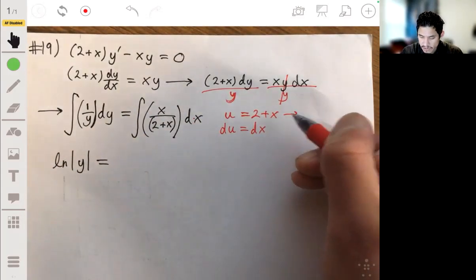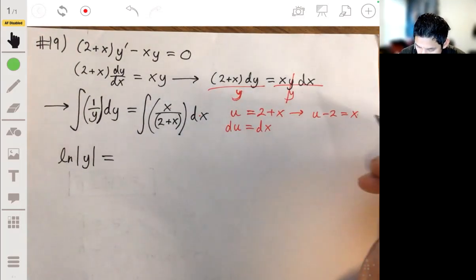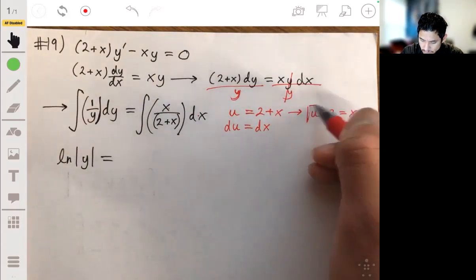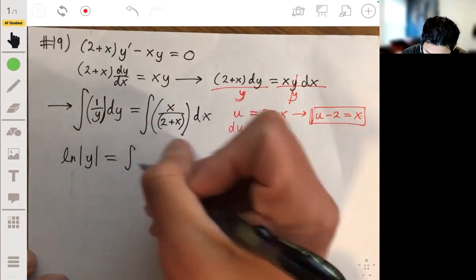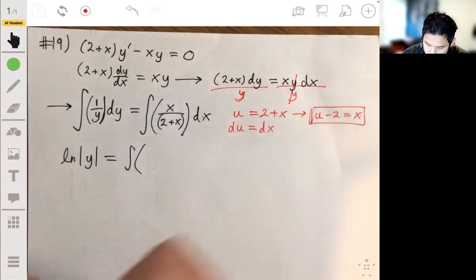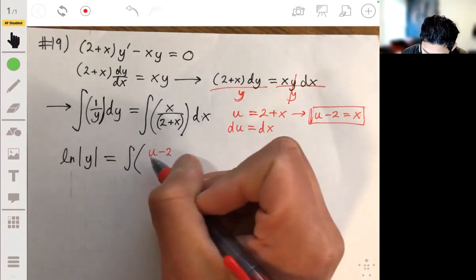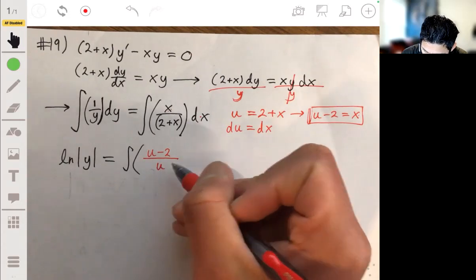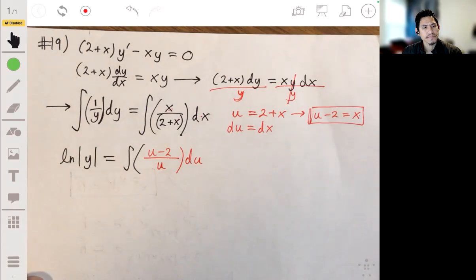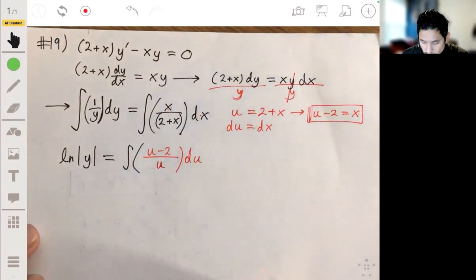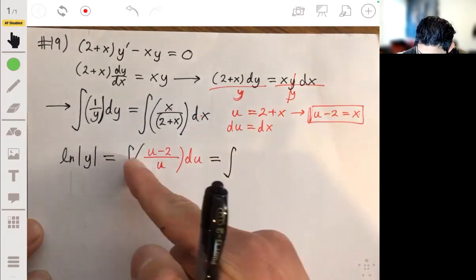So what we're going to actually do is solve this for x, so we'll get u minus 2 equals x. And we're going to rewrite this with the top, that x, being u minus 2 over u du. And this is then keeping the right side.